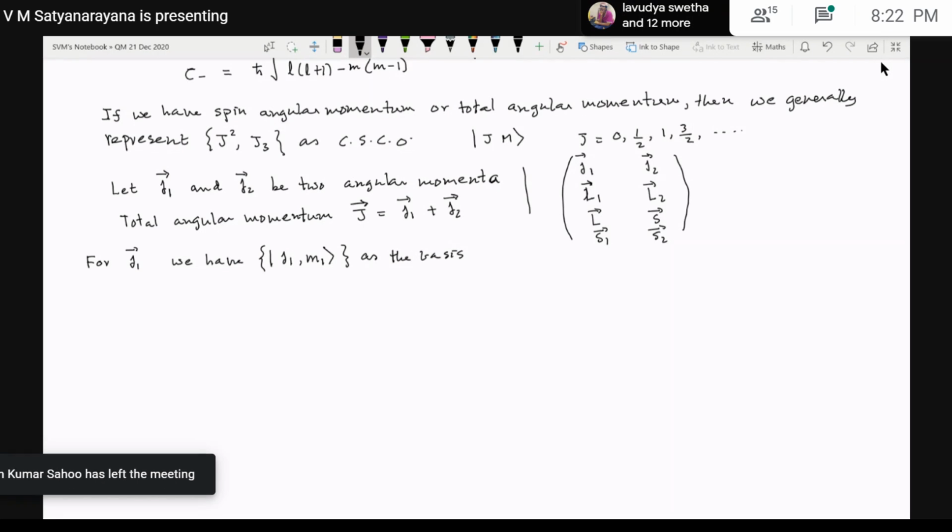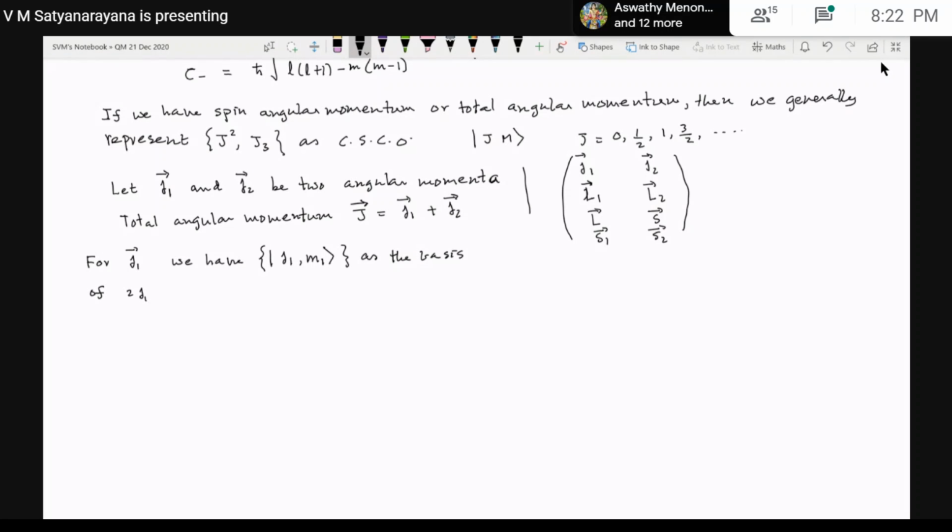For a given J1, the number of such kets is equal to 2J1 plus 1, as the basis of a 2J1 plus 1 dimensional Hilbert space, because M1 will take values from minus J1 to plus J1.